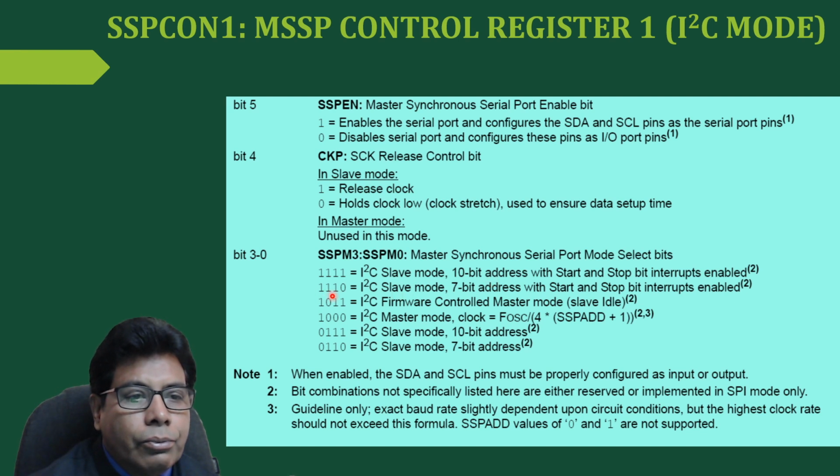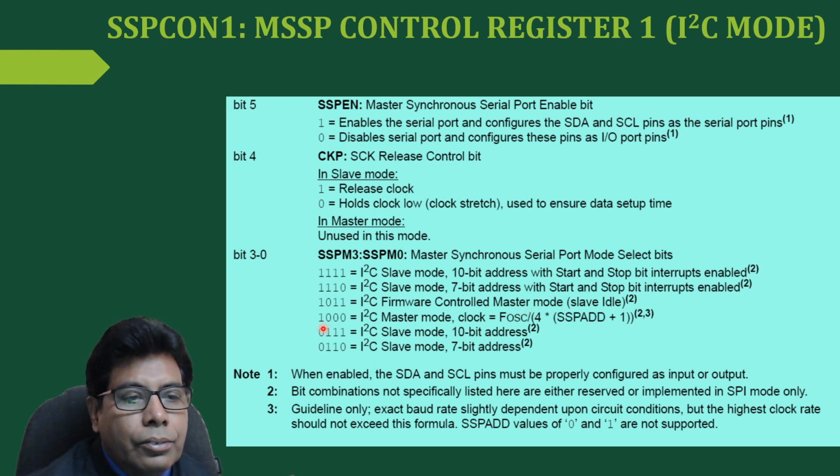Then 1110 will indicate I2C slave mode 7-bit address, and the start and stop bit interrupts are also enabled here. Then 1011 means I2C firmware controlled master mode. So in this case it is only the master mode, slave is idle.